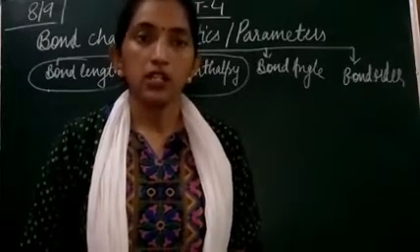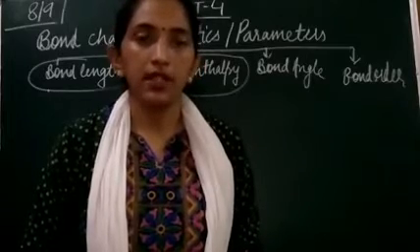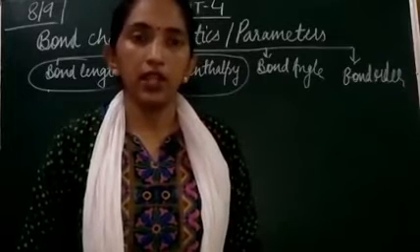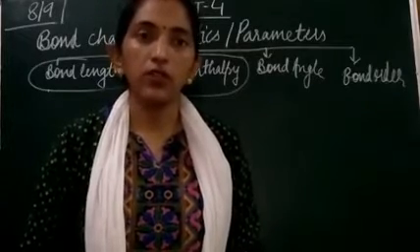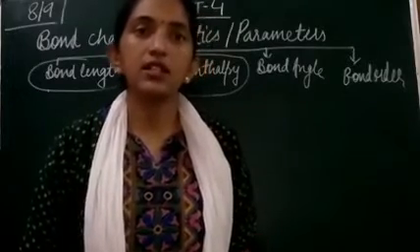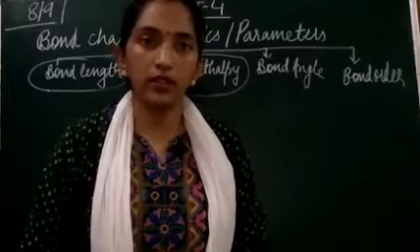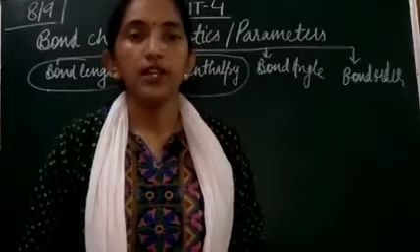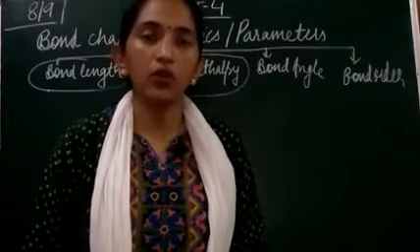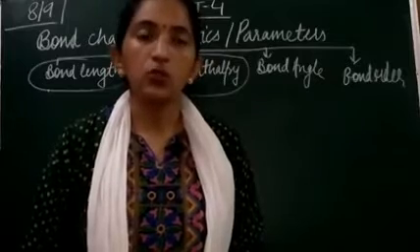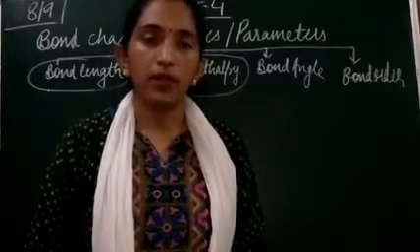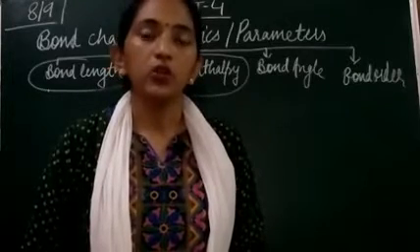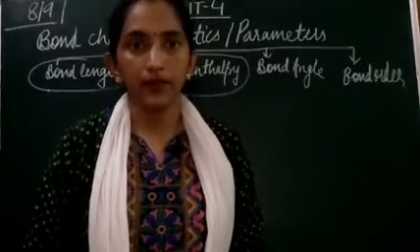The reverse will also take place: when we give energy equal to that released when the two atoms were brought together to form the bond, the bond gets broken. So bond enthalpy is the amount of energy given to break one mole of a bond of a particular type so as to separate the two atoms in their gaseous state.